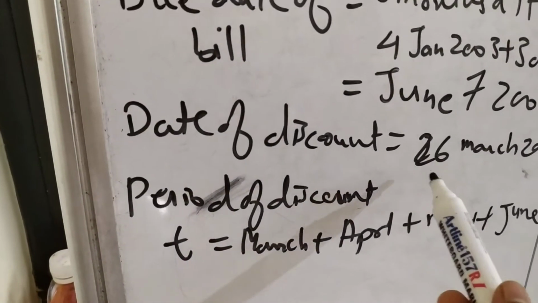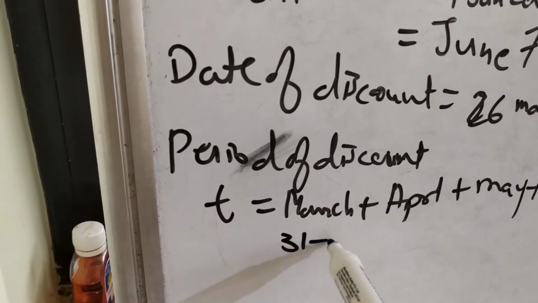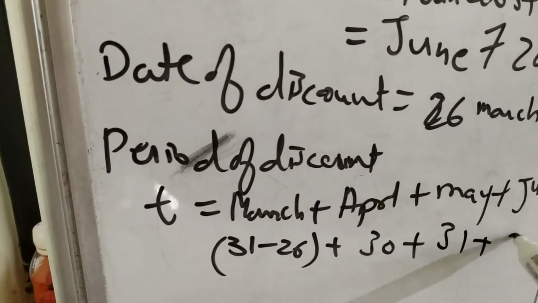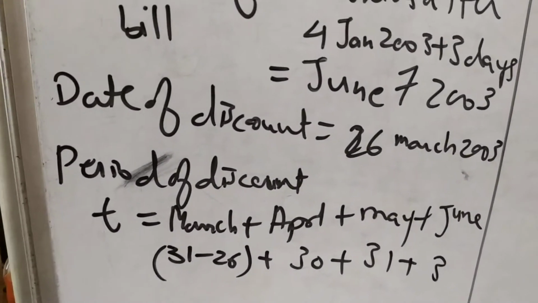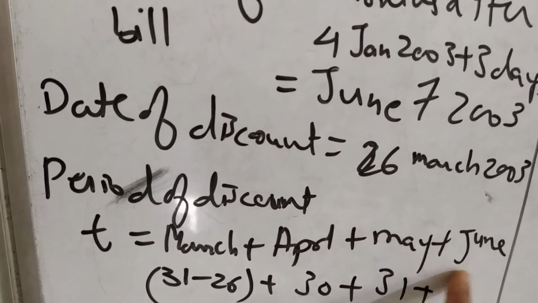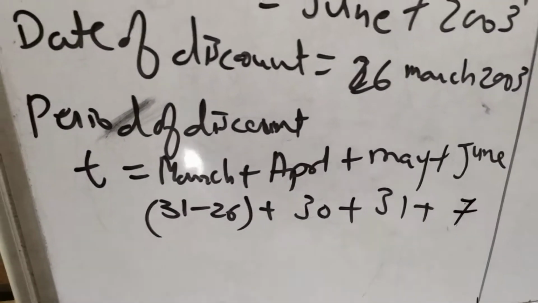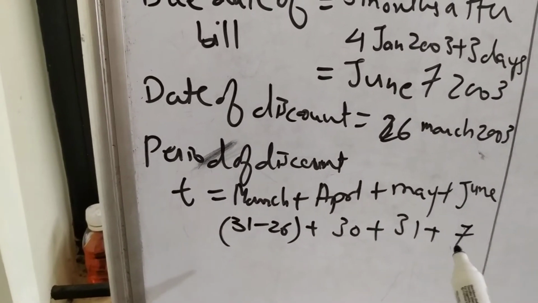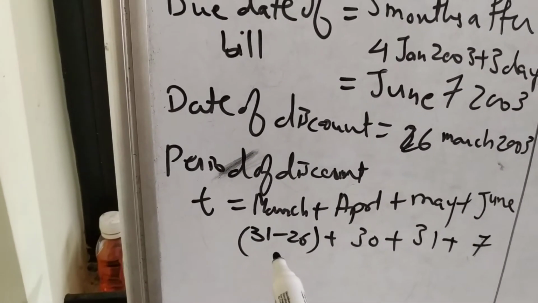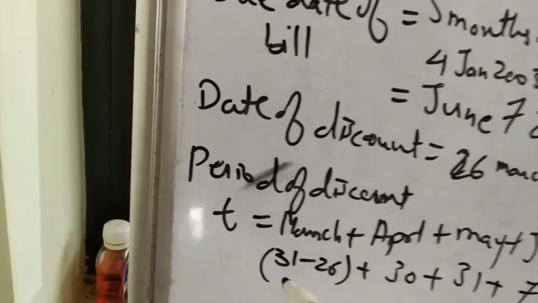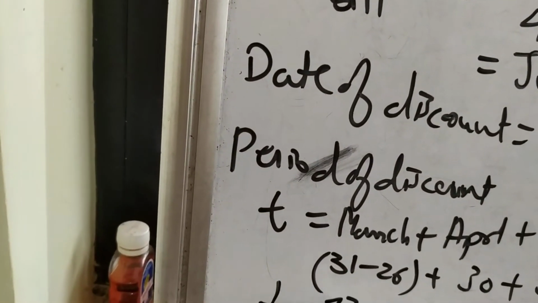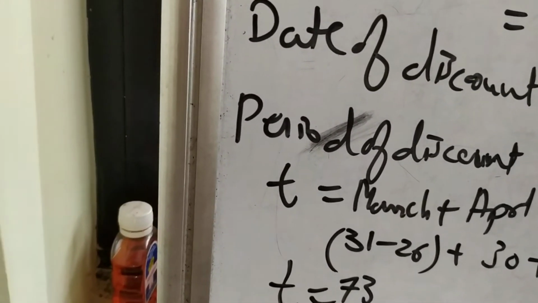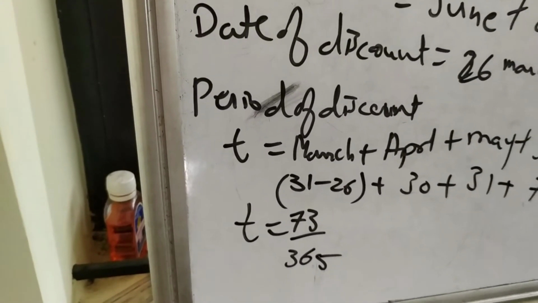March has 31 days minus 26, plus April has 30 days, May has 31 days, plus June has 30 days, but our due date is June 7, so we will add 7 days. So 7 plus 31 plus 30 plus 5: 30 plus 31 is 61, plus 7 is 68, and these 5 days come to 73. T becomes 73 upon 365 days.